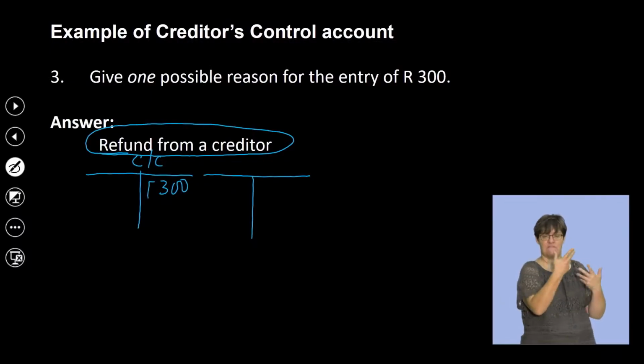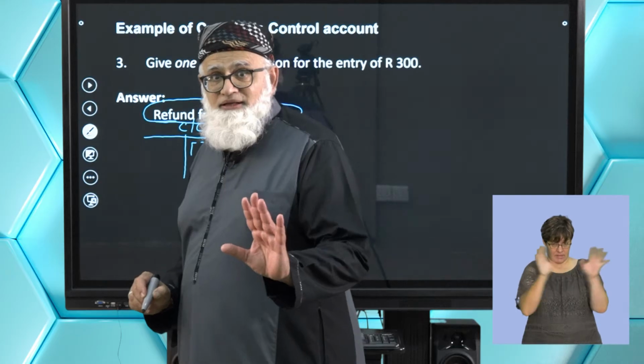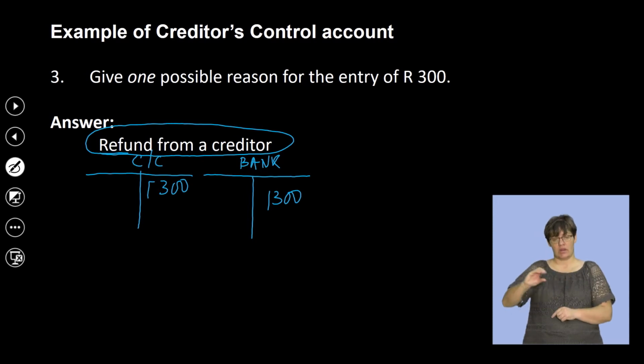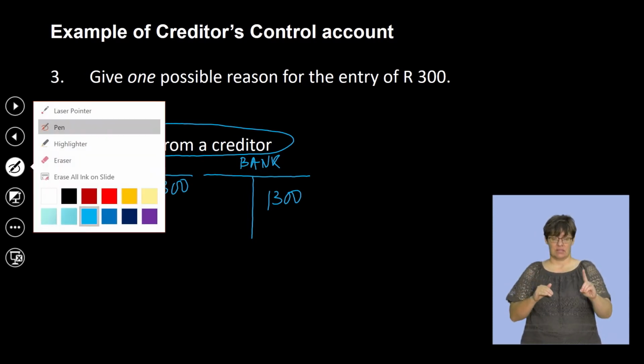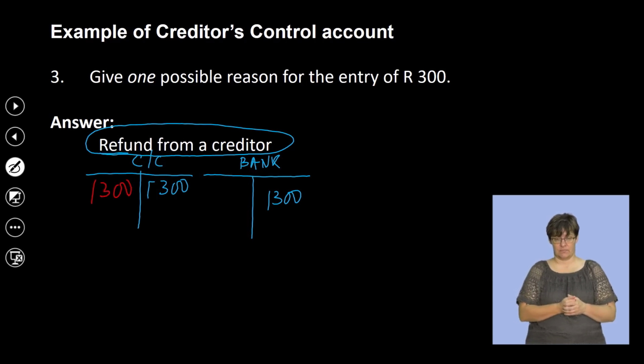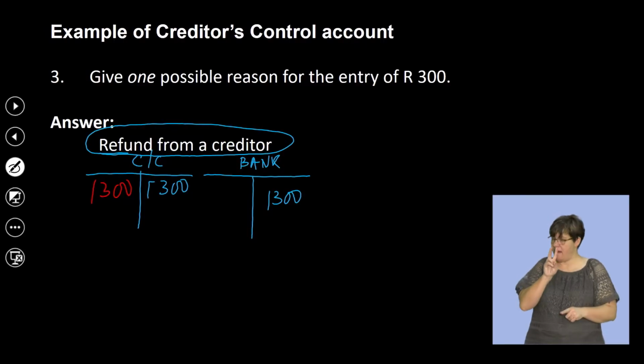So I paid my creditor, there's my bank account, I paid my creditor 1,300. Clear? When I paid the creditor 1,300, my contra is a credit to bank and a debit to creditors control. Let me do this here. And if I do that, I can now clearly see that I'm not owing my creditor any money.